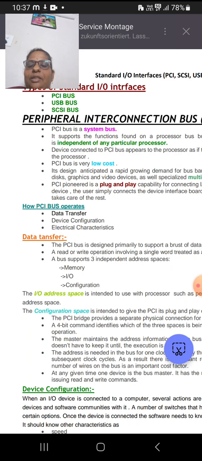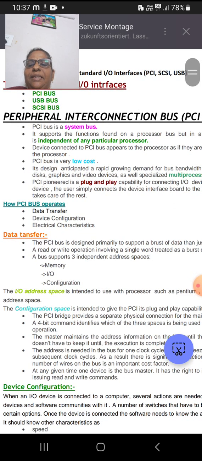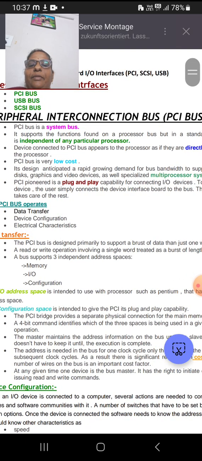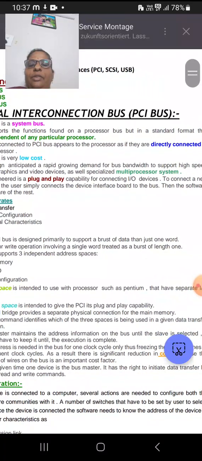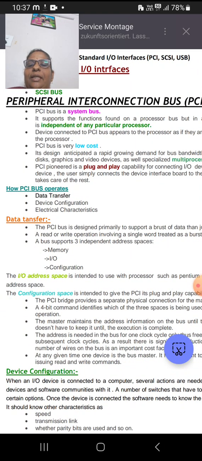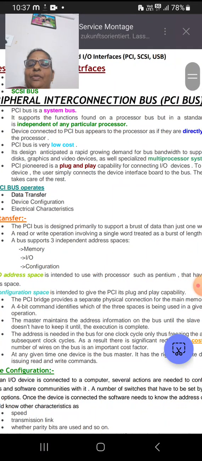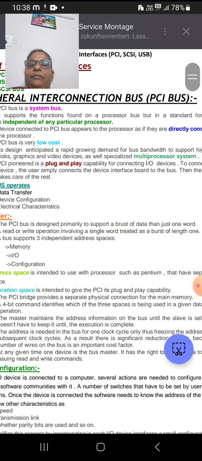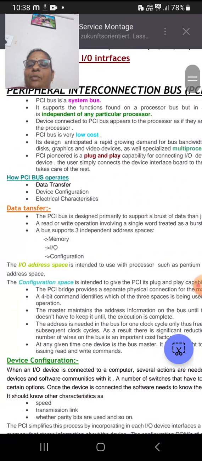Data transfer: the PCI bus is designed primarily to support bursts of data. Even just one word, as a read or write operation, is treated as a burst of length 1.